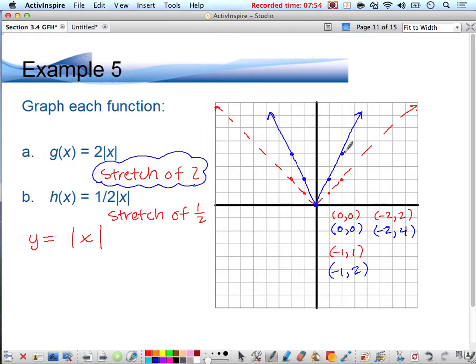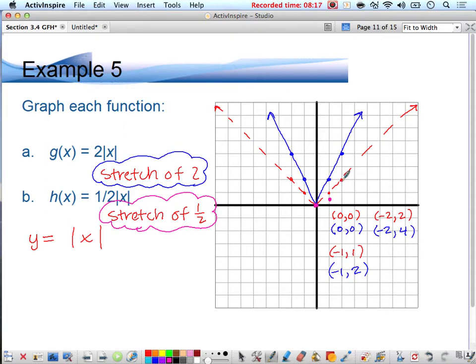All right, now let's take those points and let's redo it for a stretch of 1/2. Let's see if we can do that. Well, obviously 0, 0 is going to stay the same, right? What's the point 1, 1 going to do? Instead of 1, 1, it's going to go to 1, comma 0.5 or 1/2.